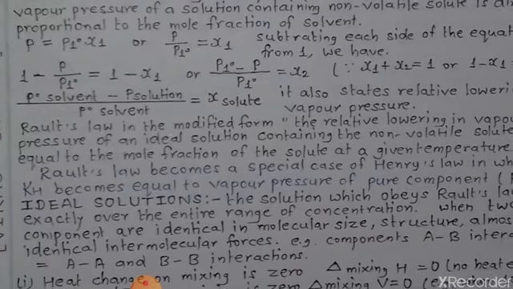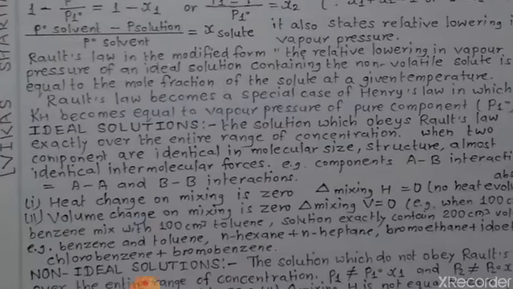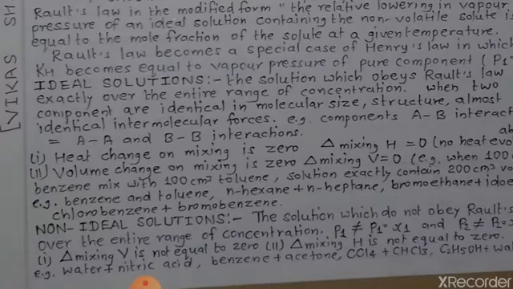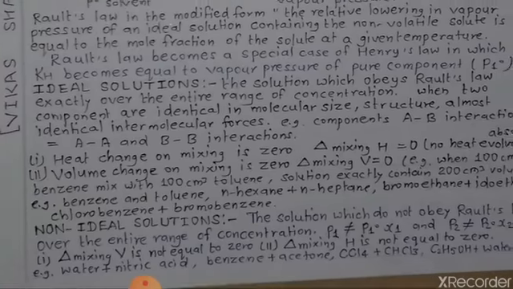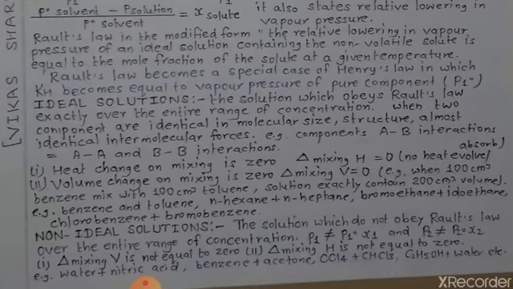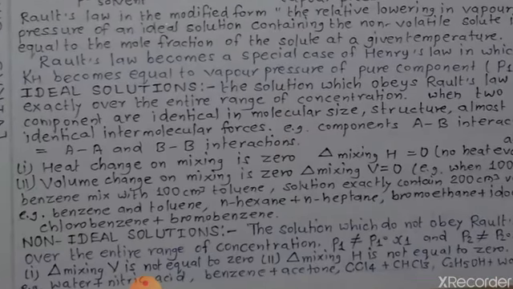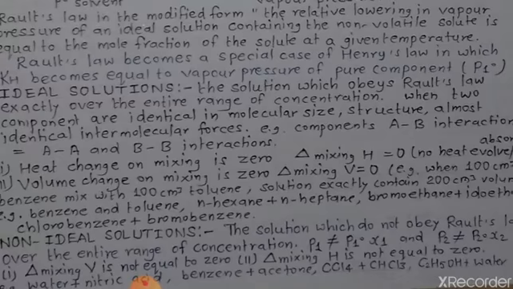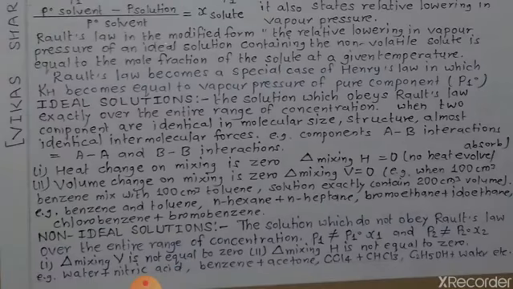According to Raoult's law, solutions are divided into two parts. The first one is the ideal solution and the second one is the non-ideal solution. Ideal solutions obey Raoult's law exactly over the entire range of concentration, when two compounds are identical in molecular size, structure, and almost identical intermolecular forces.